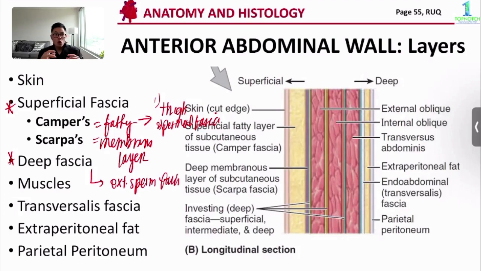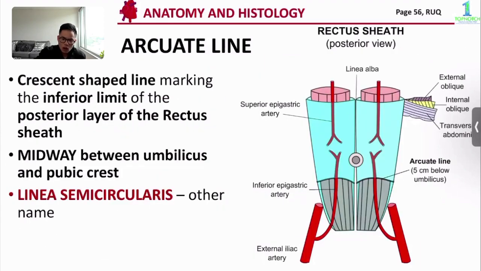It continues over the penis as Buck's fascia, which is another eponym. Buck's fascia is also known as the deep fascia. And for the perineal area, it's going to be the deep perineal fascia. Okay. Now, let's move on and talk about the arcuate line.